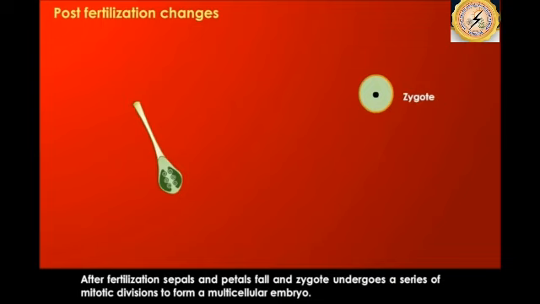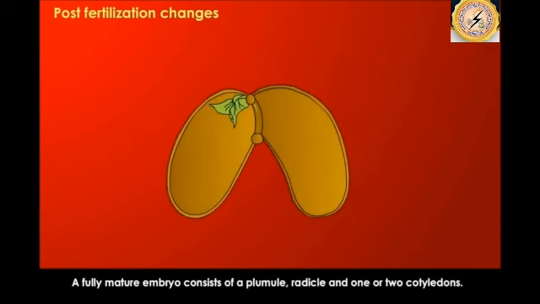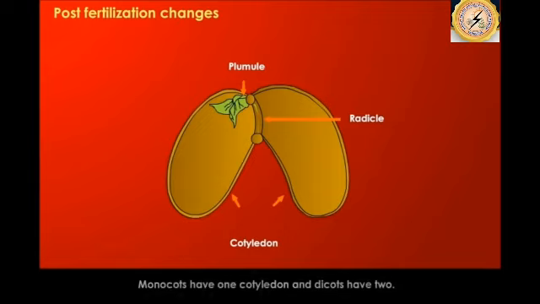A fully mature embryo basically consists of the plumule, radicle and the cotyledons, that is the stored food. The monocots have 1 cotyledon and the dicots have 2 cotyledons.